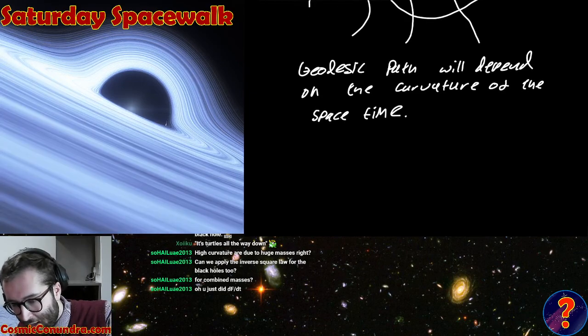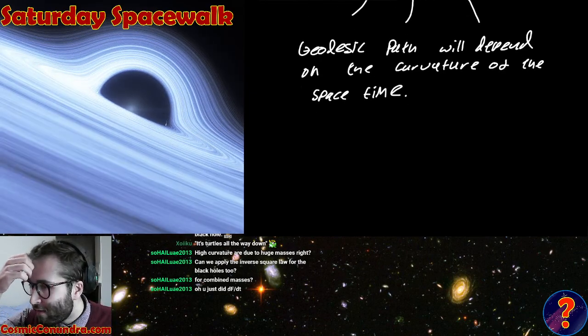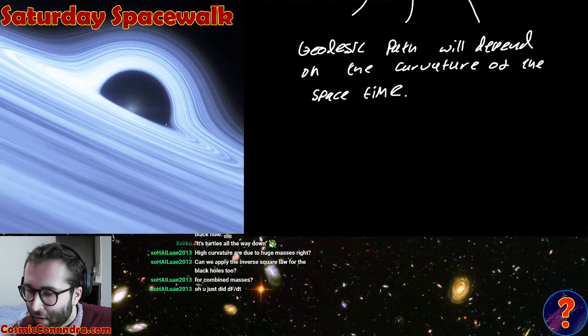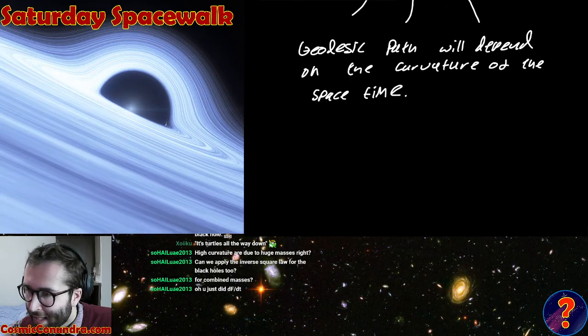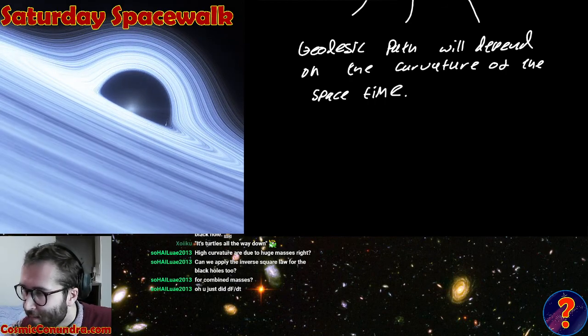So we've said that there is a link, from the equivalence principle, between the effects of gravity and the path that objects take through space-time, these geodesic paths of a free-falling observer.